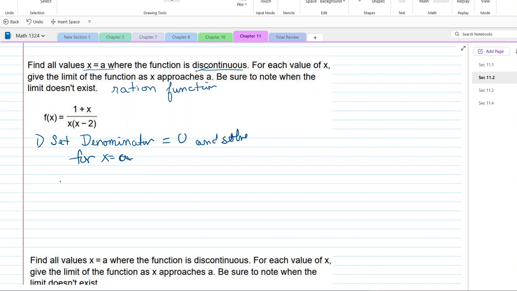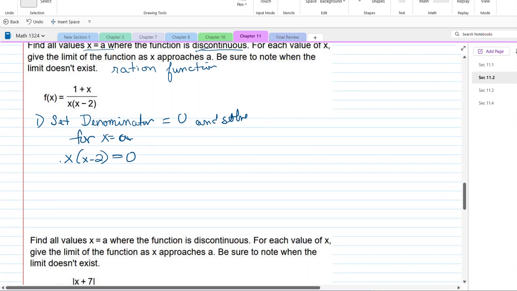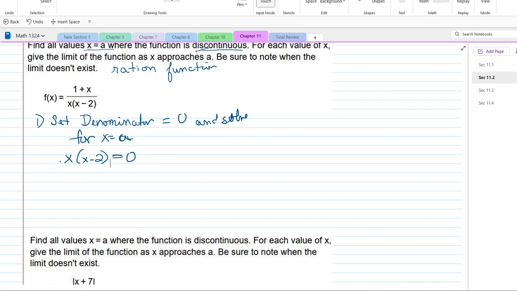Right. So here we go. X minus 2 cannot equal 0. So we want to make sure these are where the holes are. So we're going to say x equals 0, so it does not exist there. And x plus 2 equals 0, so x cannot equal -2.